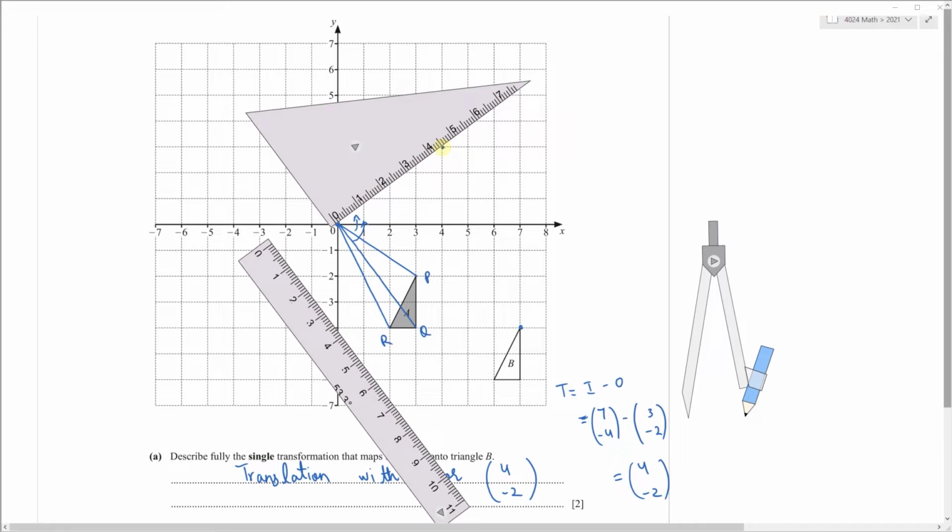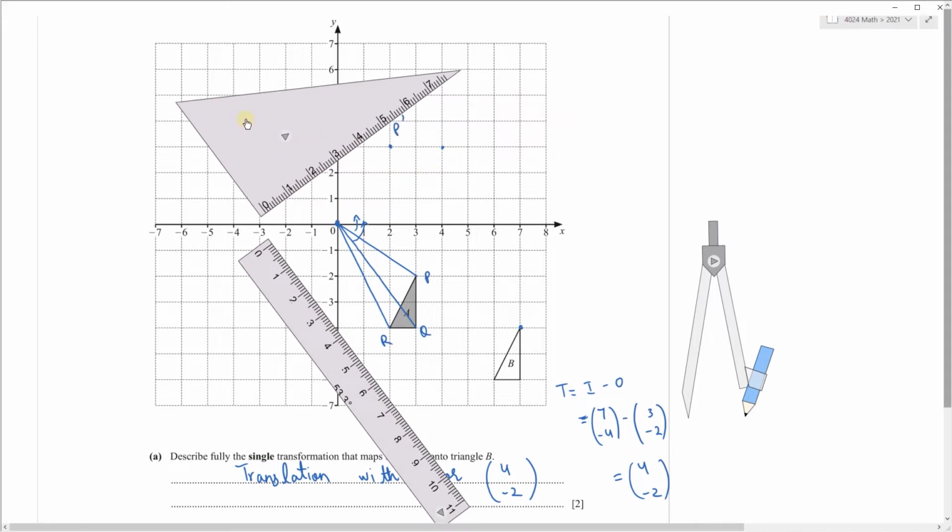So 4.5 is here. So if I connect this line to this point, or let's connect P prime like this. This angle is 90-degree because we marked this point using a set square, and you know that the set square has the 90-degree angle. All right, now we have one last. So this was our P prime. This is our Q prime.